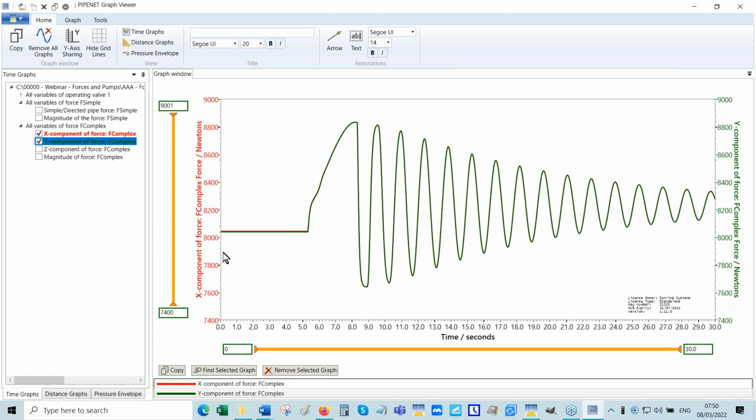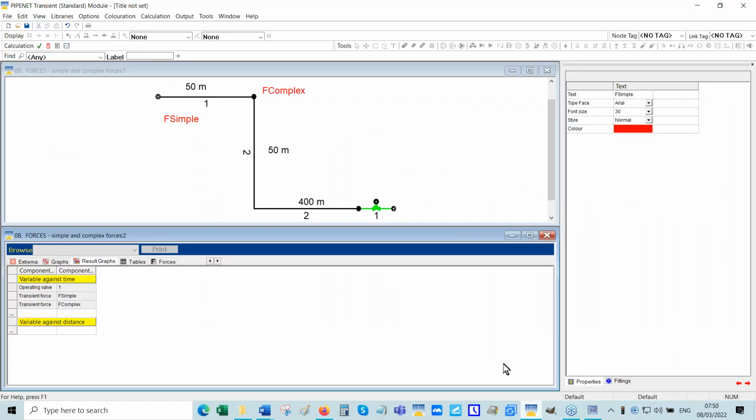They almost coincide. Why? Because they're almost at the same point. So the force acting that way is numerically equal to the force acting in that direction. That's one thing I'd like to mention here.